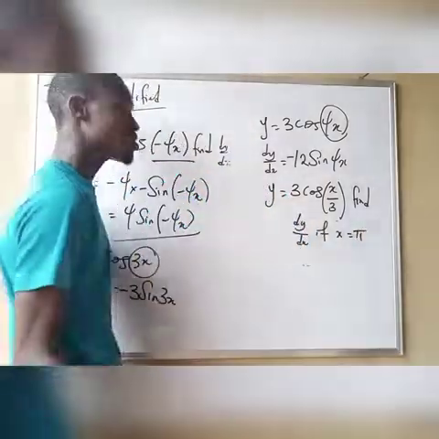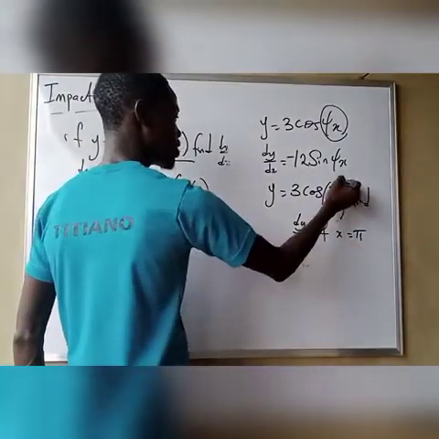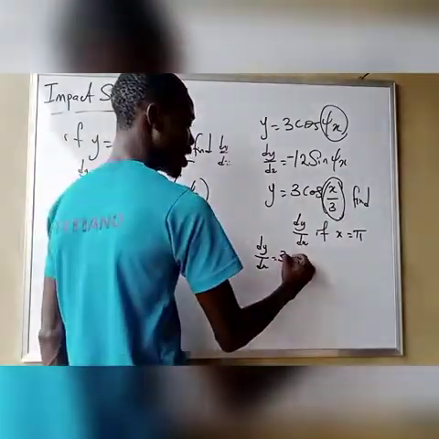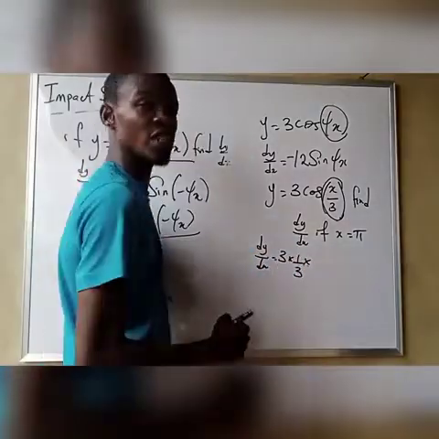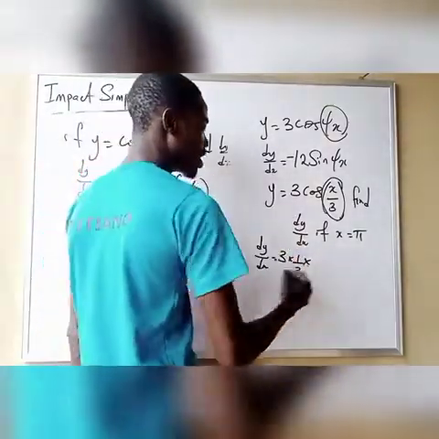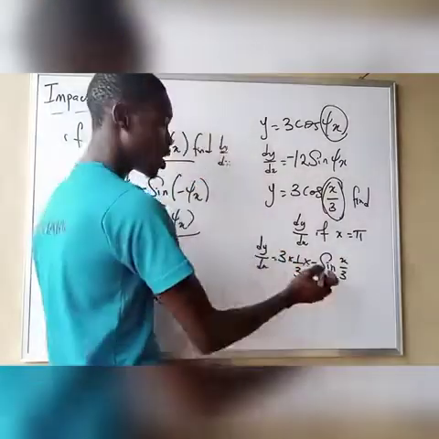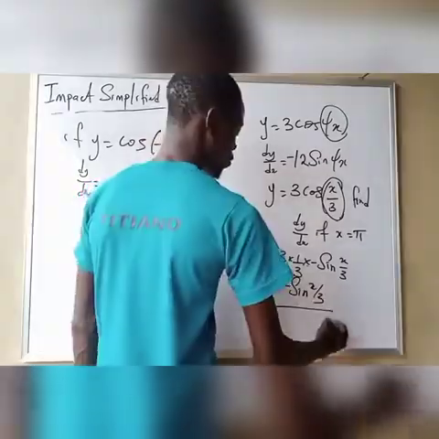So how can we solve this? It's simple. That means your dy dx, you differentiate this function. If you differentiate that function, what do we have? That will give us 1 over 3. And then you now differentiate the trig function. If you differentiate the trig function, that will give us minus sine x over 3. And if you multiply this, what do we have? Minus sine x over 3.